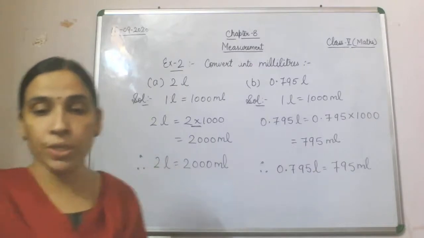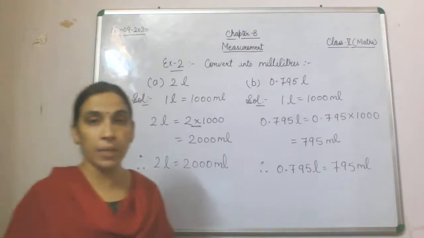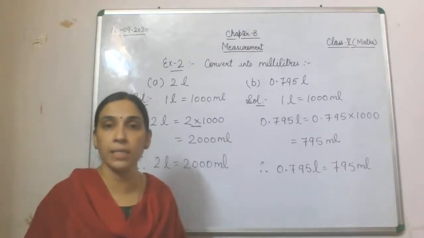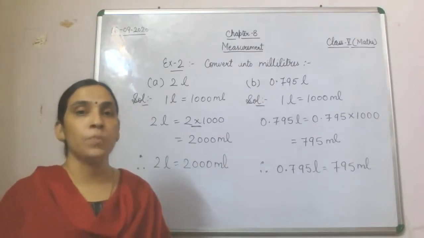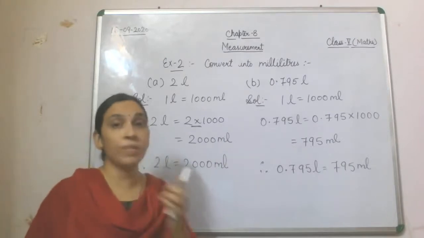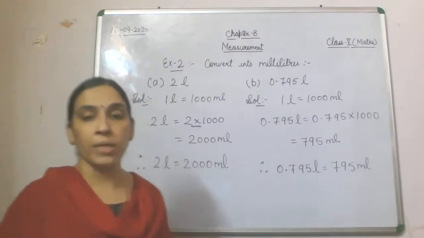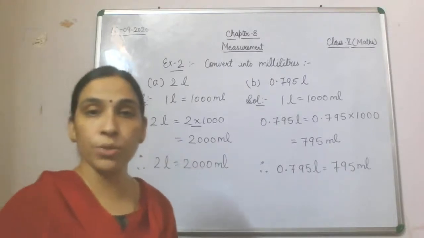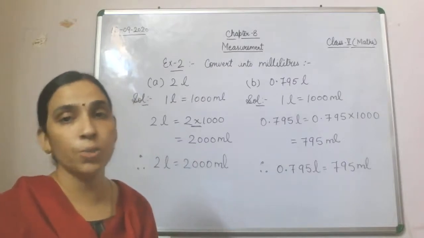Now next two questions again of this kind only. You have been given a decimal number which is given in liters, and you are supposed to convert it into milliliter. So part C and D of example 2 is same as A and B. So in C part 0.006 liter is there, that you are supposed to convert into milliliter.